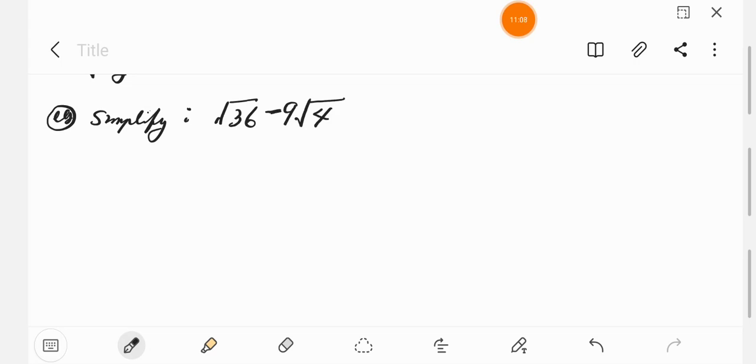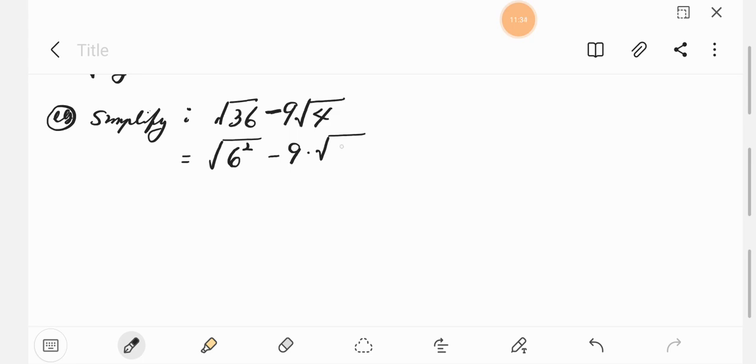Now simplify this subtraction. So let's simplify the square roots first. The square root of 36 is, so 36 is a perfect square, 6 squared, isn't it? So you can write it as 6. Let me write one more step. So 36 is 6 squared, so the result will be 6. And 9 remains the same.